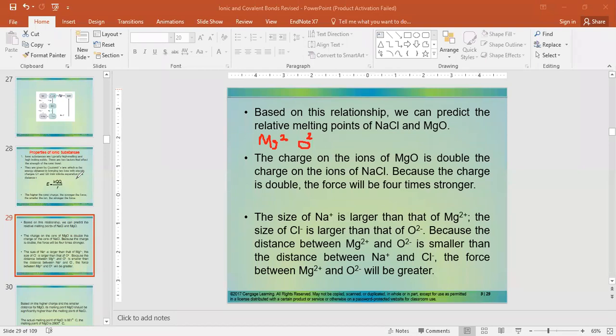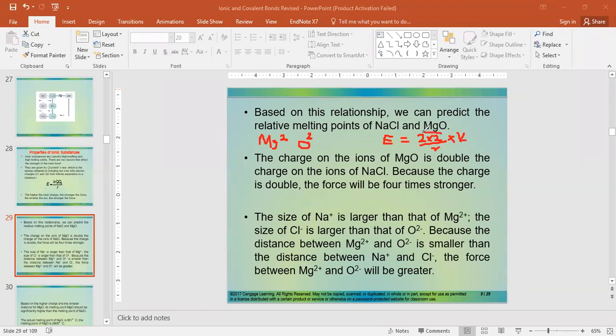Forget about the charges now. So in the equation here, you are going to have E is equal to 2 multiplied by 2 all over R, and then you multiply by a constant K.